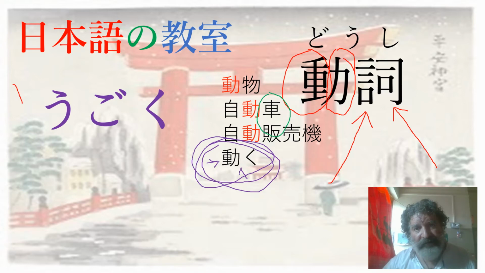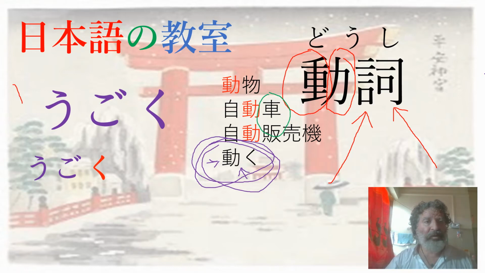And the part that gets modified, gets changed, is this. So it's left in hiragana. Almost all verbs have a kanji element to them, with the part that gets changed out to the side.